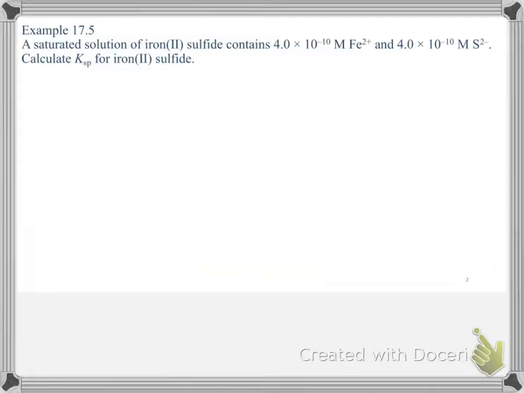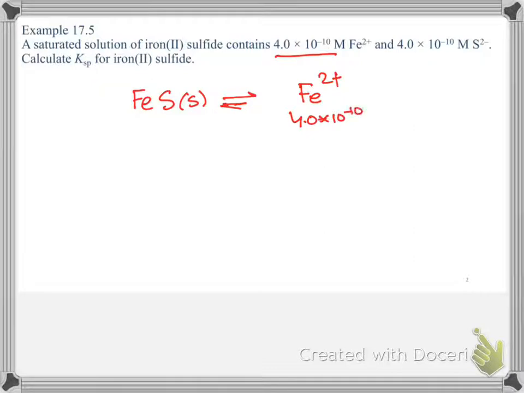Let's look at this question. A saturated solution of iron 2 sulfide contains 4 times 10 to the negative 10 molar ferrous ions and 4 times 10 to the negative 10 sulfide ions. Now the equation is already balanced, 1 Fe on both sides and 1 sulfur on both sides, 2+ and 2 negative.